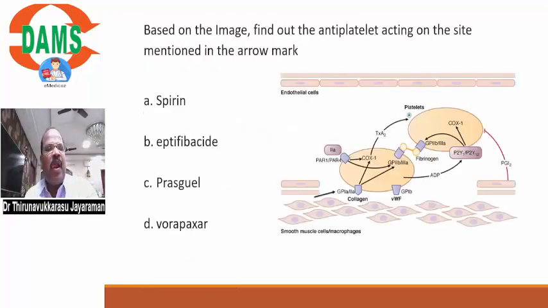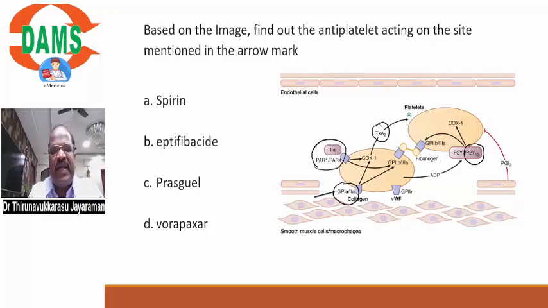Next. Based on the image, find out the antiplatelet drug acting on the site mentioned by the arrow mark. Look at the image. The arrow mark here is glycoprotein 2B3A. Look at the whole image: there is thromboxane A2, P2Y12, PAR, protease activated receptor, and GP2B3A.